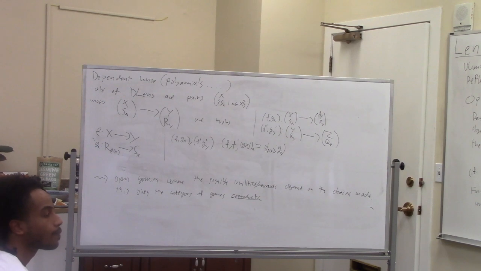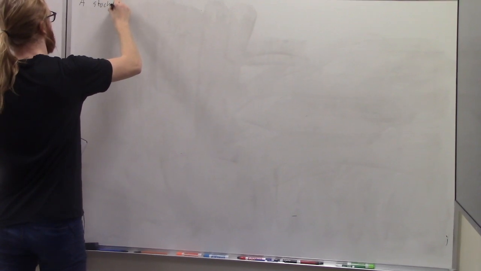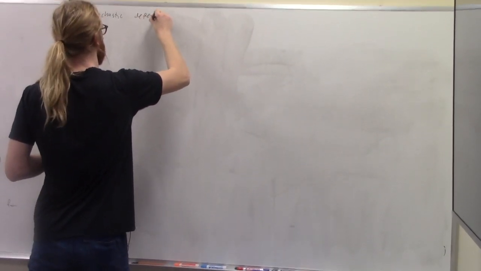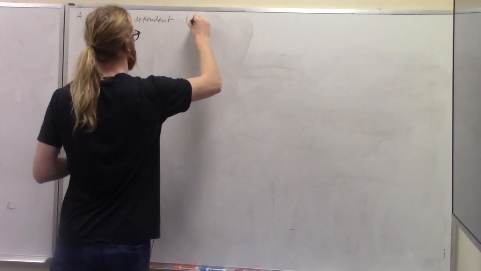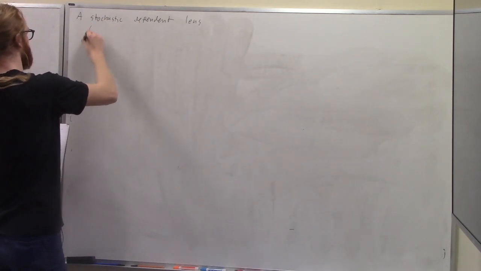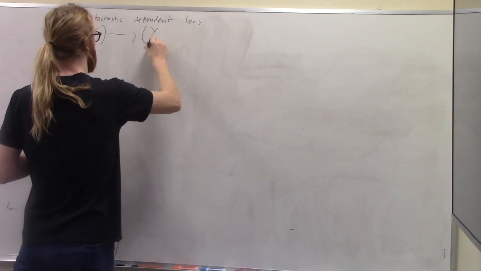Okay, so what can we do about that? Well, let me just give the straightforward answer to what we want here. A stochastic dependent lens, again, these are just sets, so from x, s to y, r.